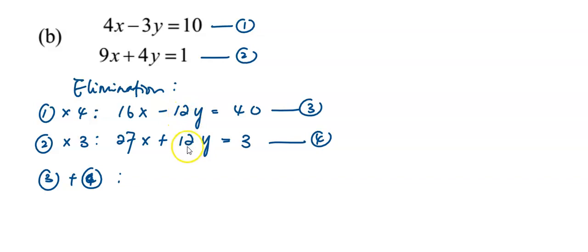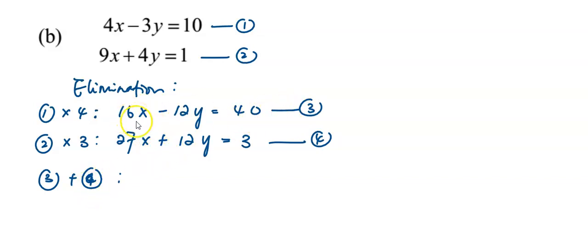Negative 12y plus 12y will equal 0, meaning that the y term will be eliminated, so we can eliminate the variable y first, and then solve for x first. All right, let's try it out.